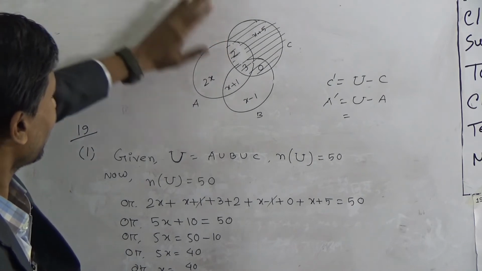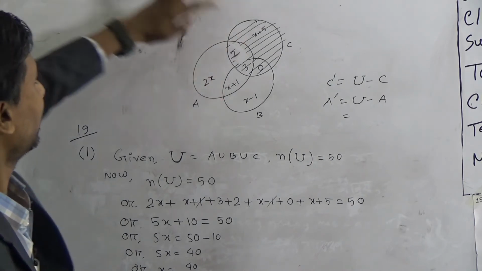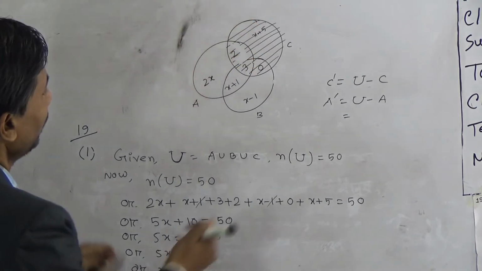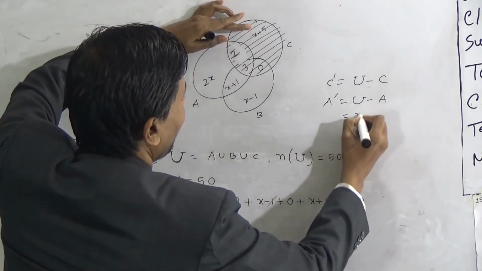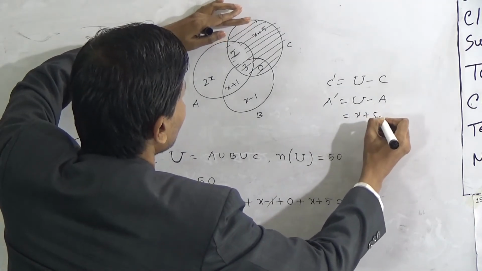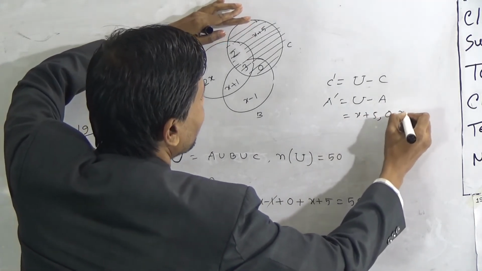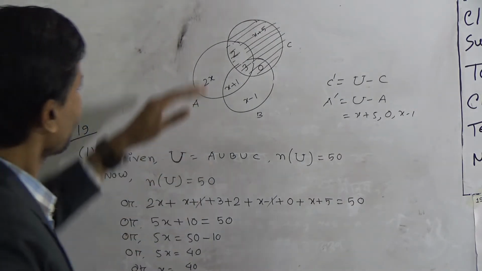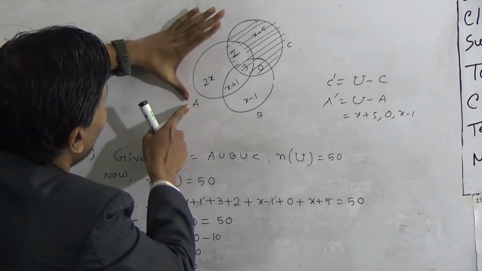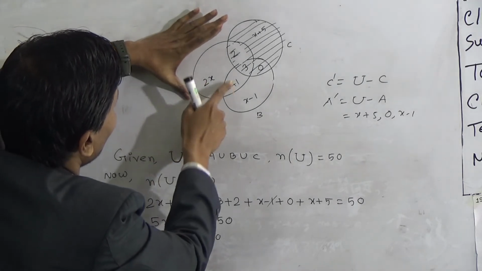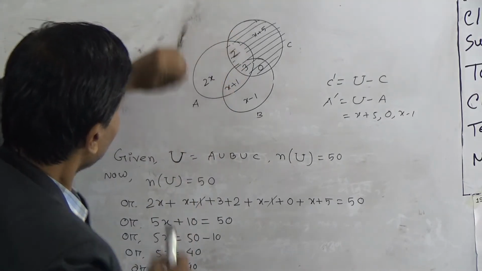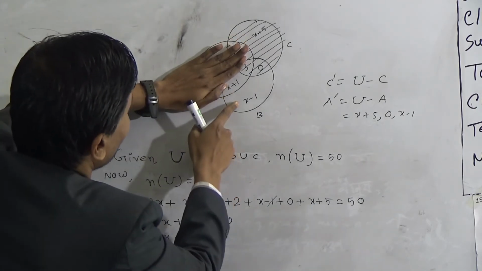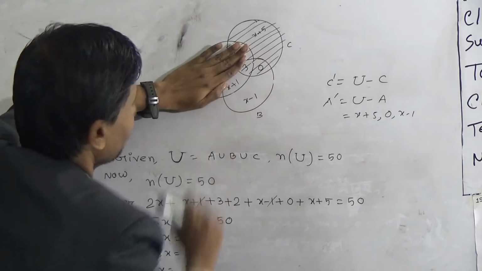So except A, what are the remaining? x plus 5, 0 and x minus 1. Student, I repeat, look. This is the A elements, 2x, x plus 1, 3 and 2. Now cancel this. Then we get x minus 1, 0 and x plus 5.